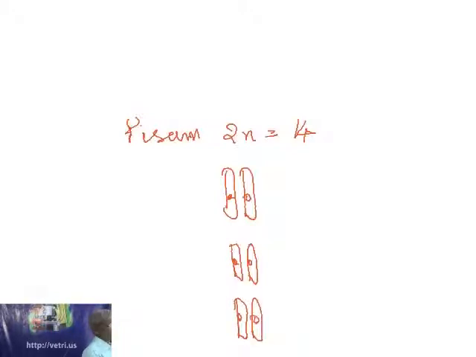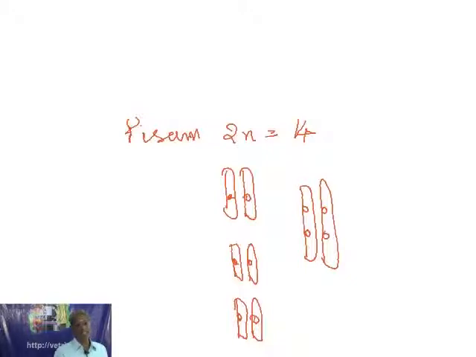Sometimes 2 characters were present in 2 homologs, but in most of the cases, each character was present in one homolog. Now, had they been present in the same homolog, any 2 characters represented by a particular gene, it would have become a case of linkage and not a case of independent assortment.